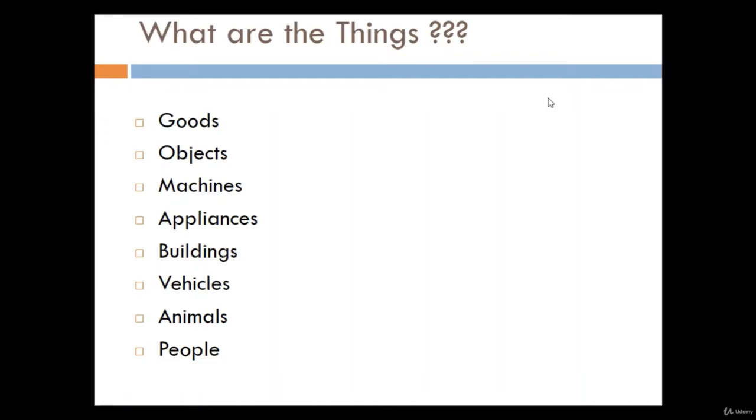Now let's take a look at what are the things that we are talking about. The things can be anyone out of the things we have listed here, or any goods or objects around you: machines, appliances, buildings, vehicles, animals, people, anything.